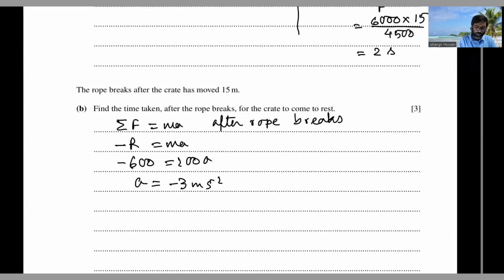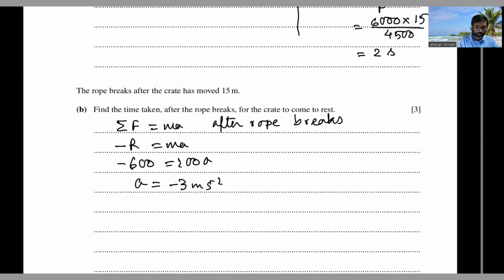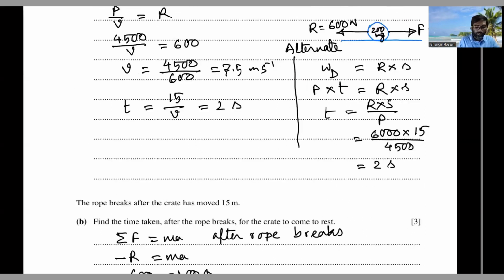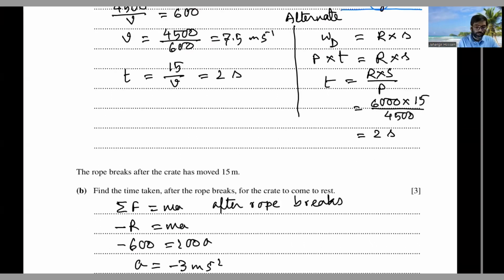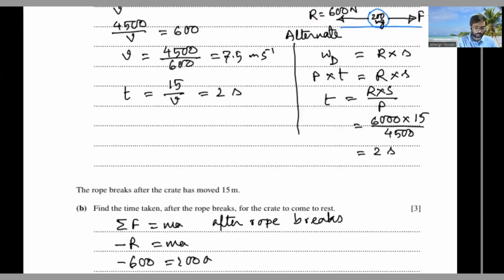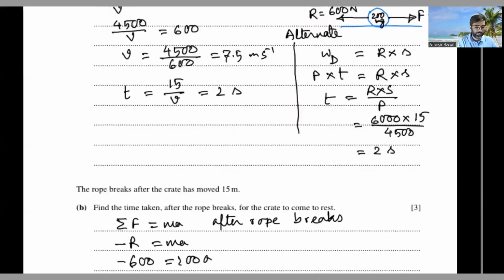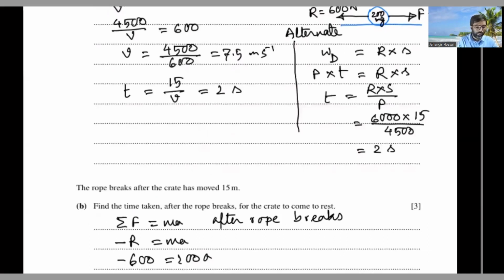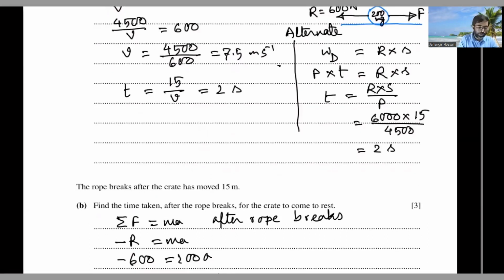Now, we need to find the time. Here is the important point. If you use the alternate method in part A to find the time, then you have to find V using the first method.